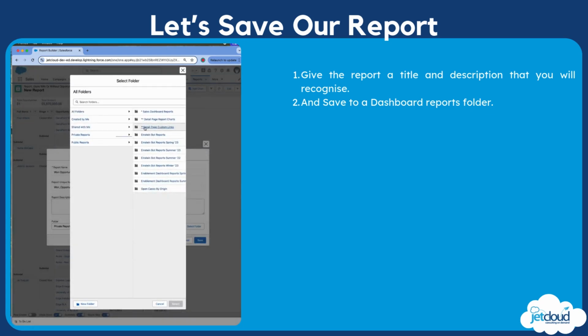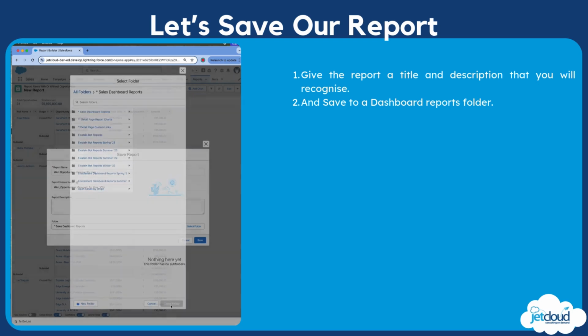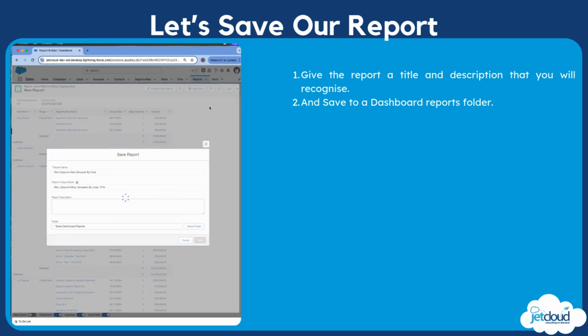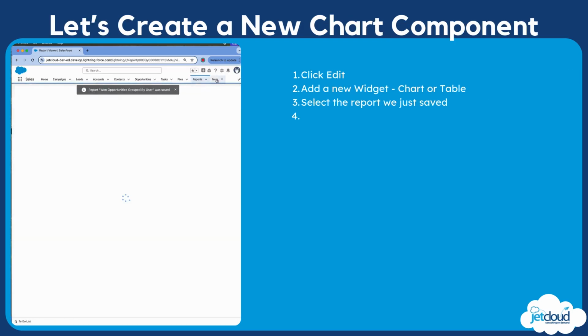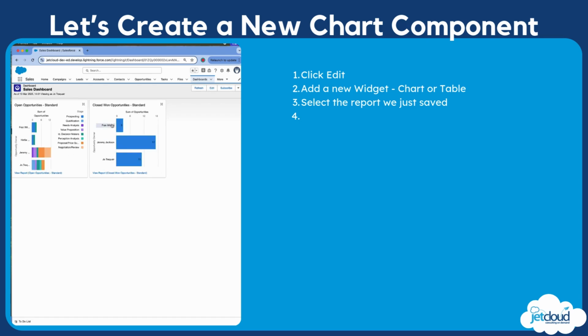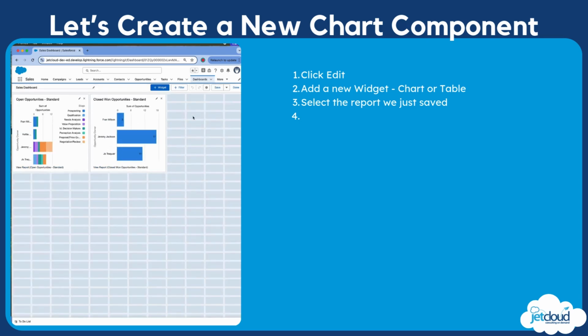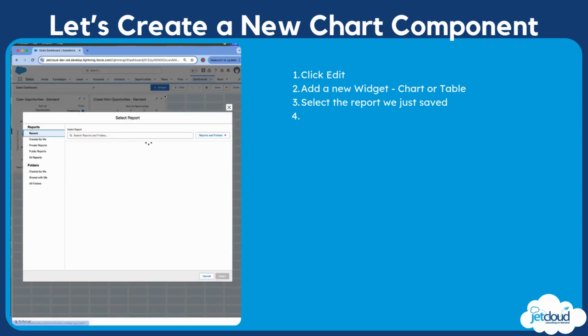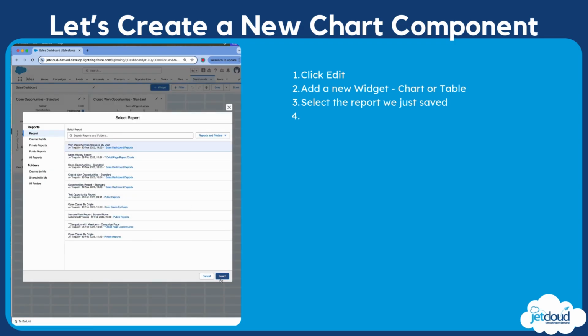I'm going to select my folder, select folder, save. Going back to my dashboard that I created earlier, which shows you the standard report, so where Hetty is not appearing in the closed won opportunities. I'm going to go ahead and add the widget based on my new report type.